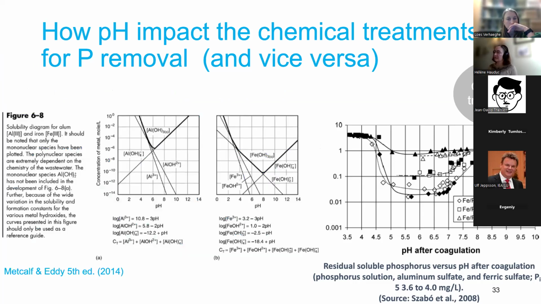And this is actually because those salts, hydrous ferric oxide or hydrous alum oxide for aluminium, will redissolve as a monomeric form of metal hydroxide at lower pH or at higher pH than this range. And actually, you can see comparing those two graphs that aluminium is even more affected by the pH than iron.